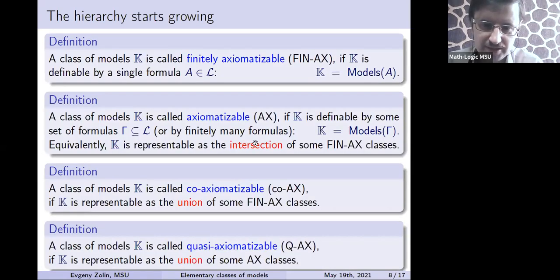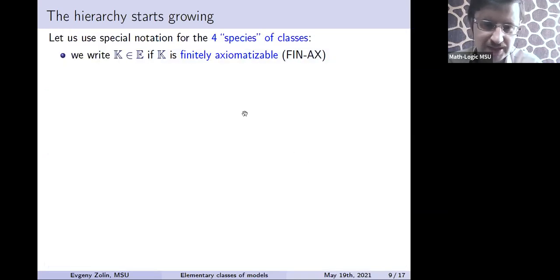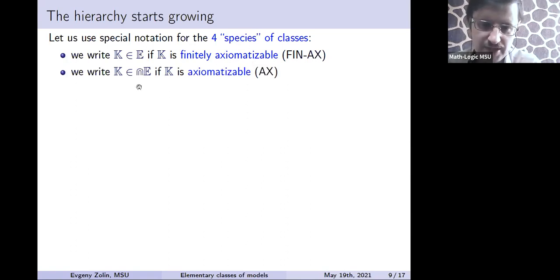To reflect that we use intersection, union, and union of intersections here, I also use the following mnemonic notation. The class is elementary, the letter E, is the same as finitely axiomatizable. So in our lecture, elementary will be a synonym for finitely axiomatizable.